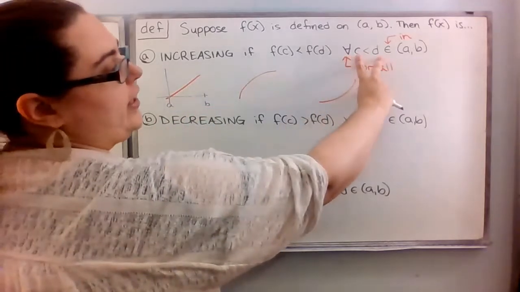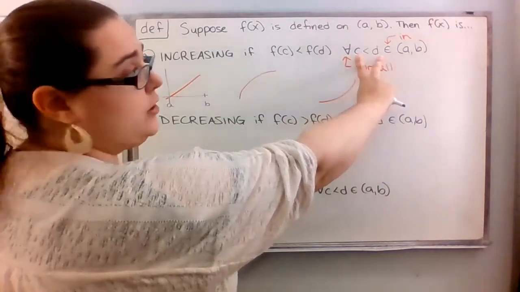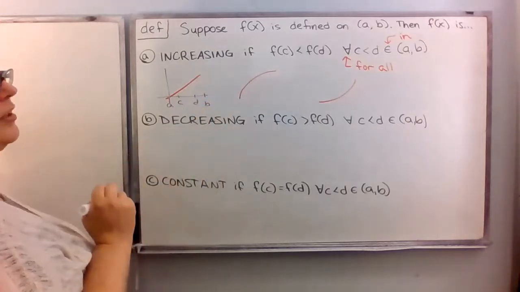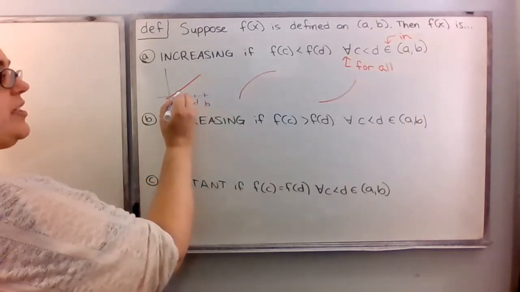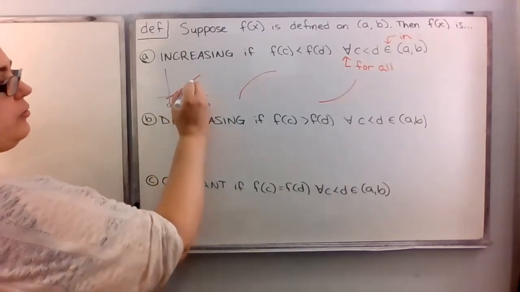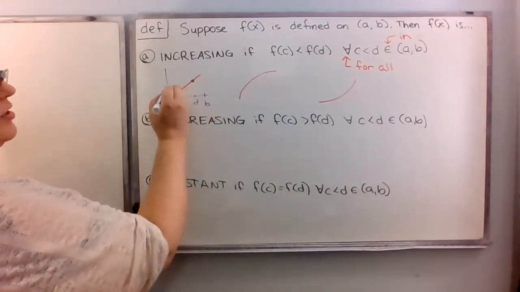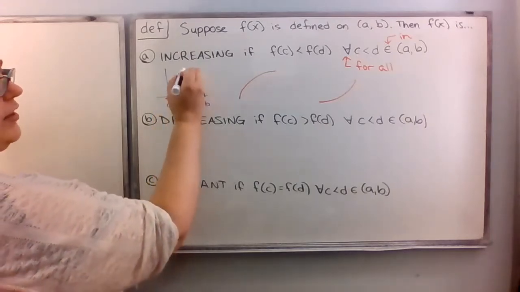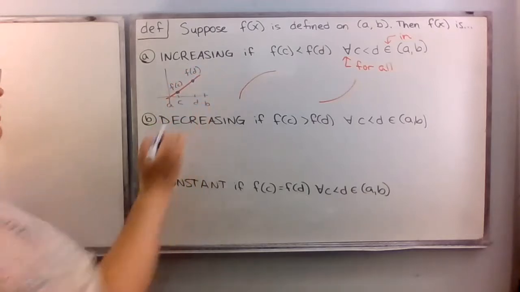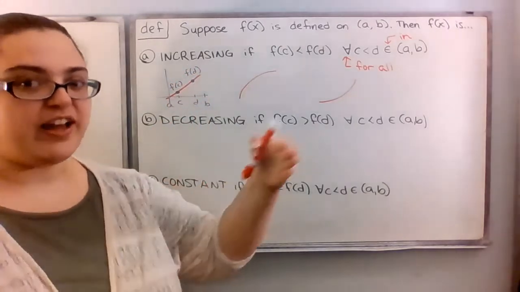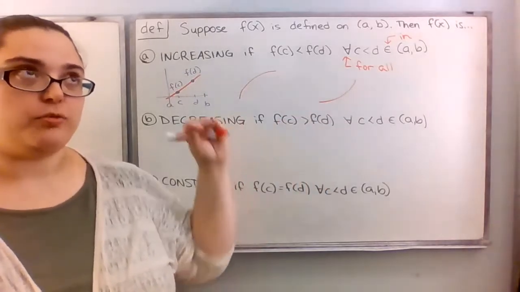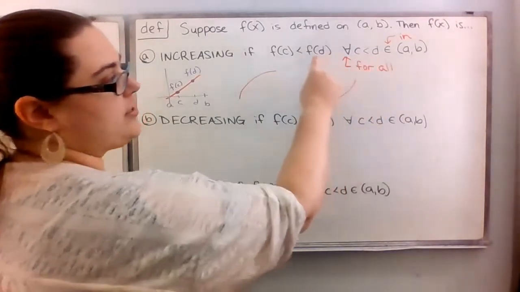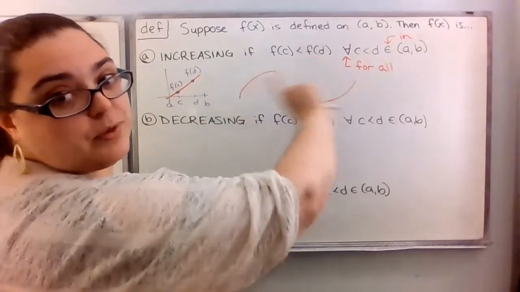If you pick any two numbers, c and d, that are in that interval, where c is smaller than d, so here's c, and here's d, then the y value that matches c has to be smaller than the y value that matches d. So this is f of c, the y value that matches c, and it has to be smaller than the y value when we get to d. This is because as you move your x value up, in order to be an increasing function, your y values have to be going up. So if I have a bigger x value, it's going to have a bigger y value. That's what this notation is saying.